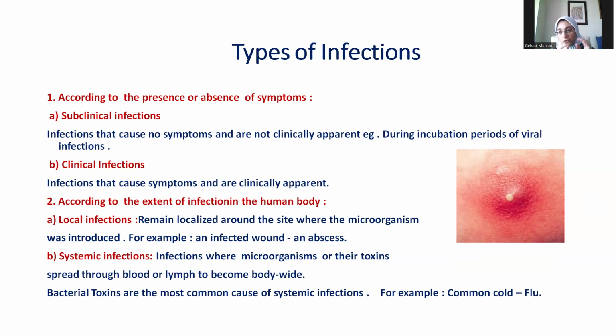It might have started as a very small pinpoint wound in the skin, and then it became an abscess. But an abscess is a closed swelling resulting from accumulation of pus. You can say this, or you can say it is a localized purulent infection. And purulent means full of pus. And pus is nothing but dead white blood cells.